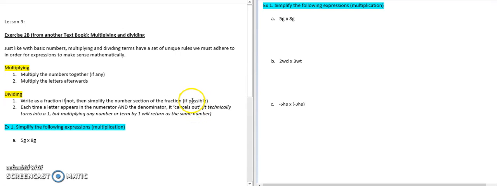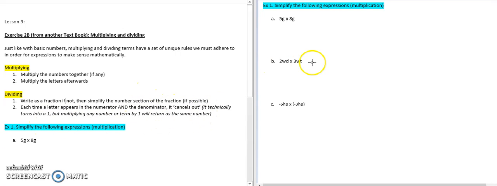And the second step is that each time a letter appears in the numerator on the top and the denominator on the bottom, it technically cancels out. Really what technically does happen is it actually turns into a 1, but multiplying any number or term by 1 will result in the same number. Now this sentence might be considered a bit confusing, but this will make sense once we do the examples.